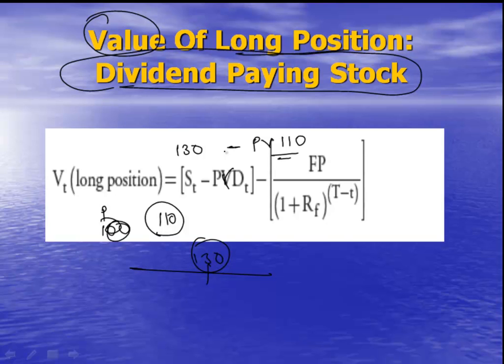So spot 130, the price at which you sell the asset, minus the amount that you deposit here to take care of the dividend obligation. Ajinkya, is it clear? So this is the initiation. Okay, I am not being able to make it clear.